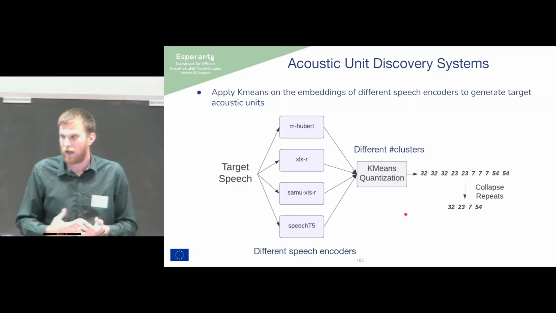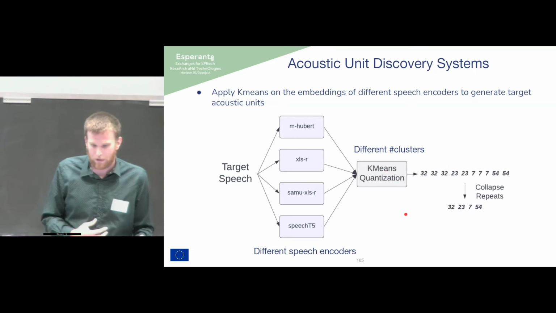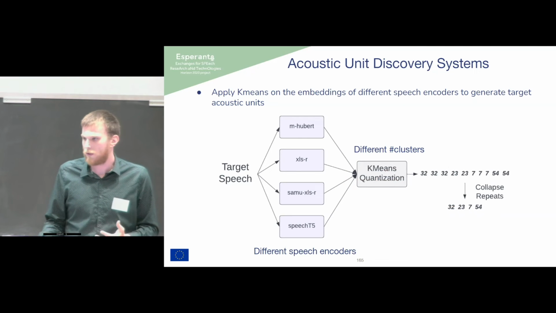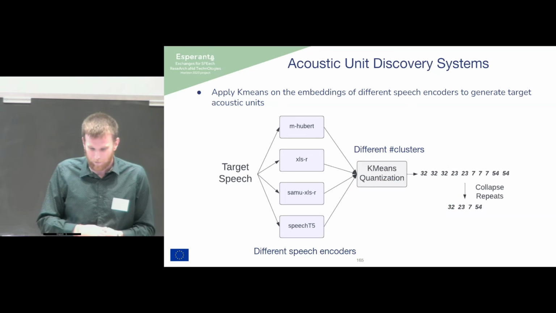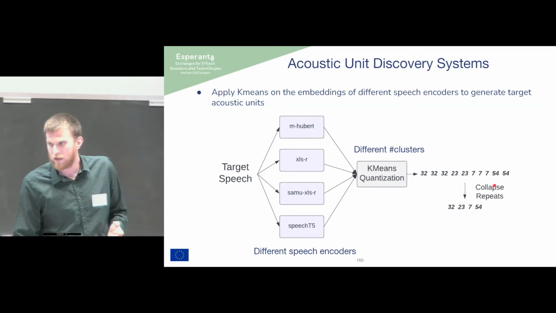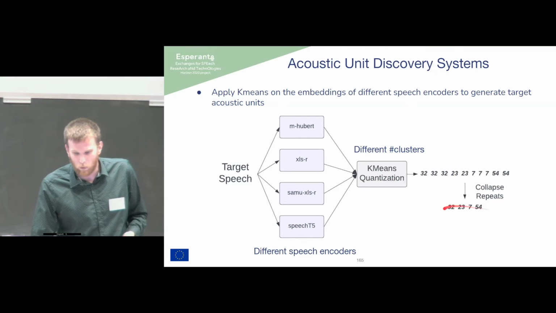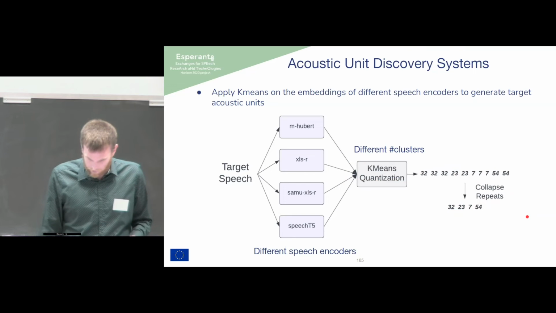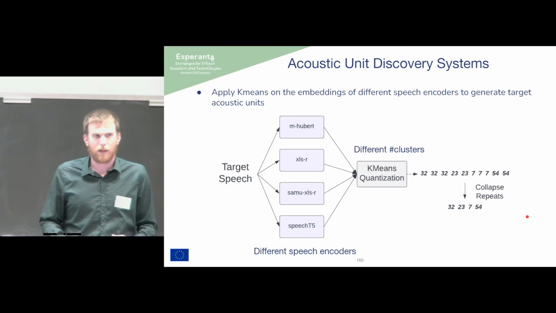With the number of clusters, you can also control the number of acoustic units you are considering in that system. So for the output, we get a sequence of IDs for the clusters. In the final step, we collapse the repeats to remove the repetitions in this sequence. So that's it. Those are the targets we will be using for speech-to-speech translation.